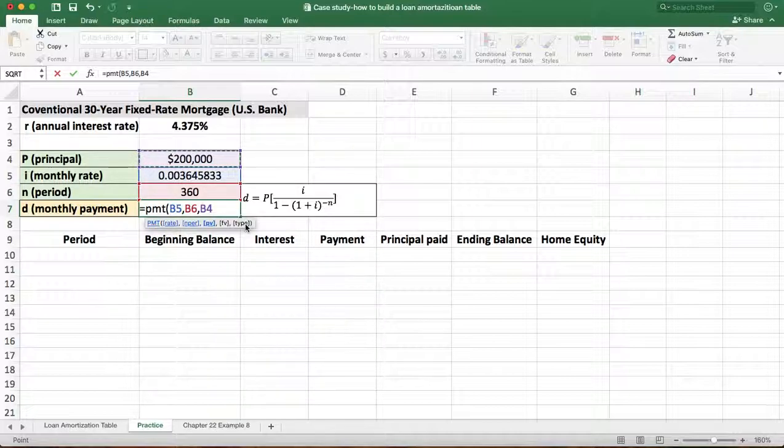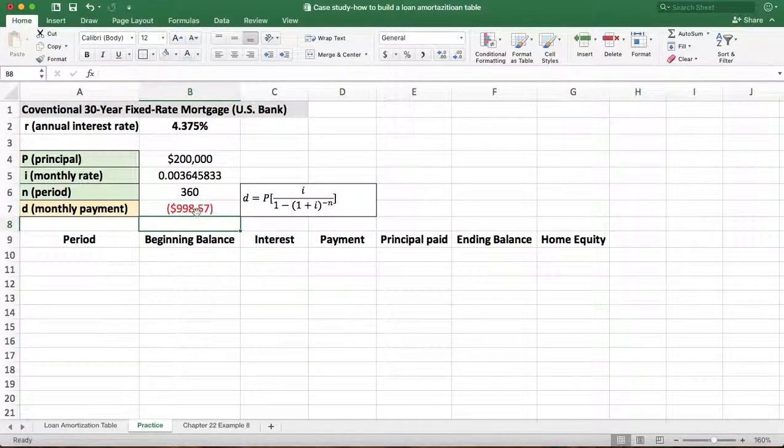The default setting is at the end of the period, so we accept the default setting. We don't need to type anything, so just close the parenthesis and enter. We got this number. The monthly payment is 998.57.